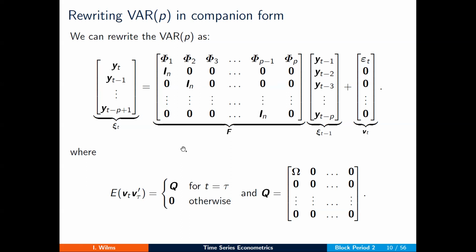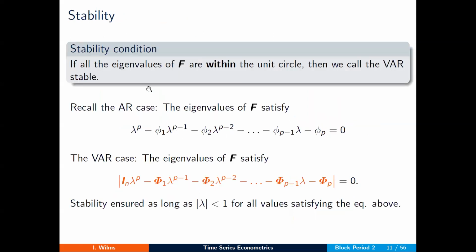The only difference with last week is that on the top rows, we have now the AR parameter matrices. And here we have the identity matrix popping up. Then similarly, if the eigenvalues of this matrix F are within the unit circle, then we say that the VAR is stable.